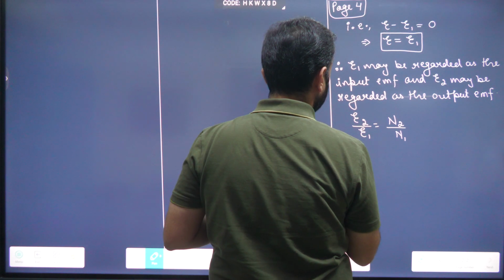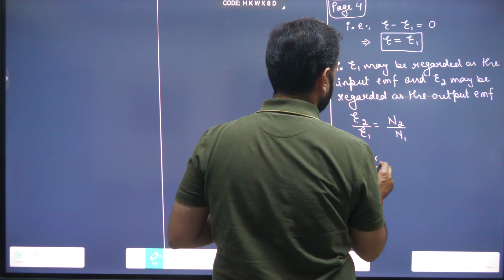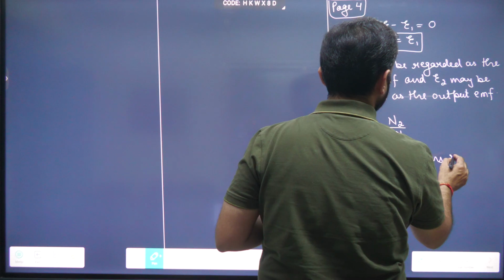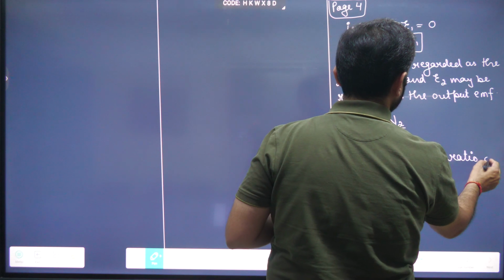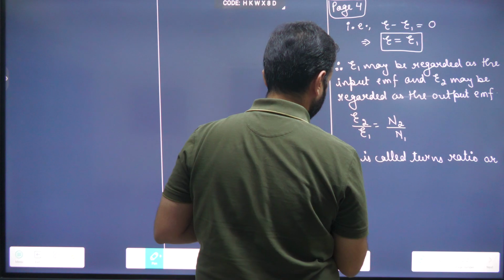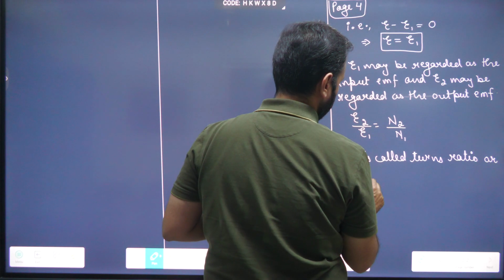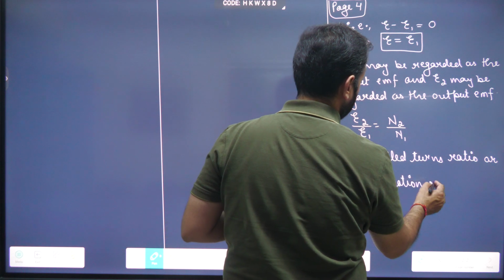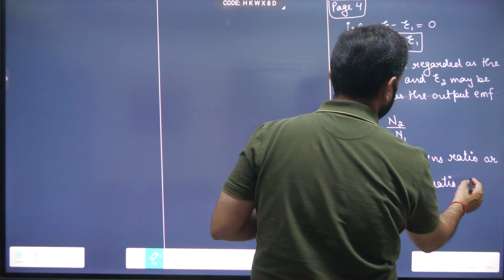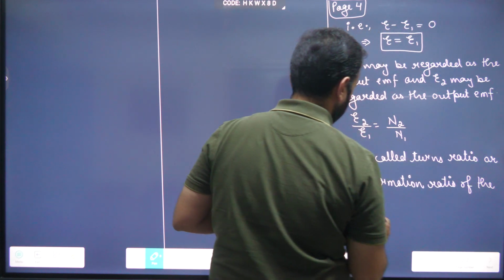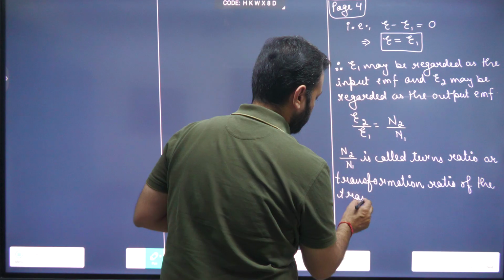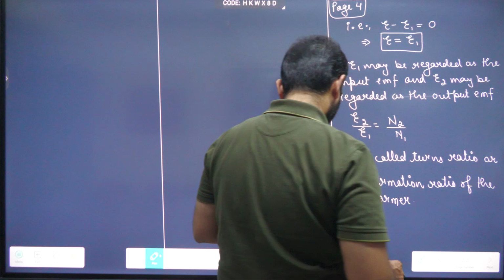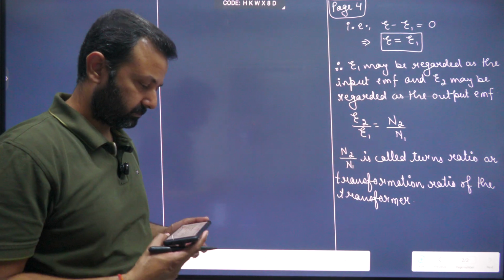N2 upon N1 is called the turns ratio or transformation ratio of the transformer.